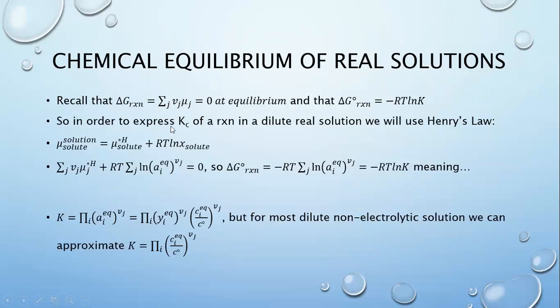And then at equilibrium, Gibbs standard is equal to RT ln K. So in order to express K of reaction in a dilute real solution, we would have to use the Henry's law constant, where chemical potential is that constant again, chemical potential pure, Henry's RT ln X. So that becomes, all this is a constant, plus RT sum of ln activity raised to the power of the coefficients, such that essentially what happens is the concentrations that we would have used in K now become activities.